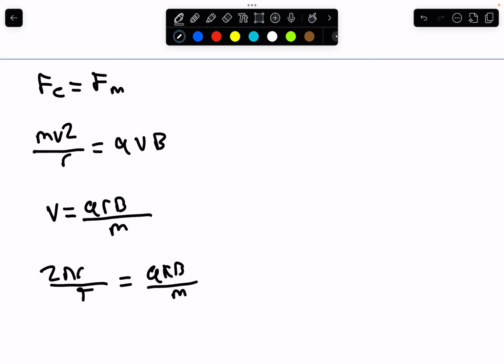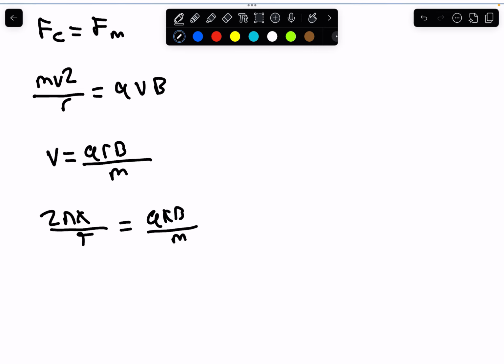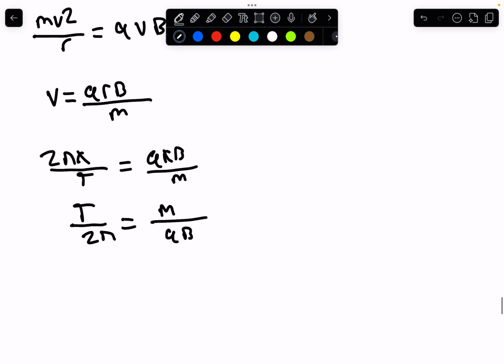So this cancels out with this, and we want to flip the fraction, so T over 2 pi equals m over qB. And it simply becomes T equals 2 pi m over qB.